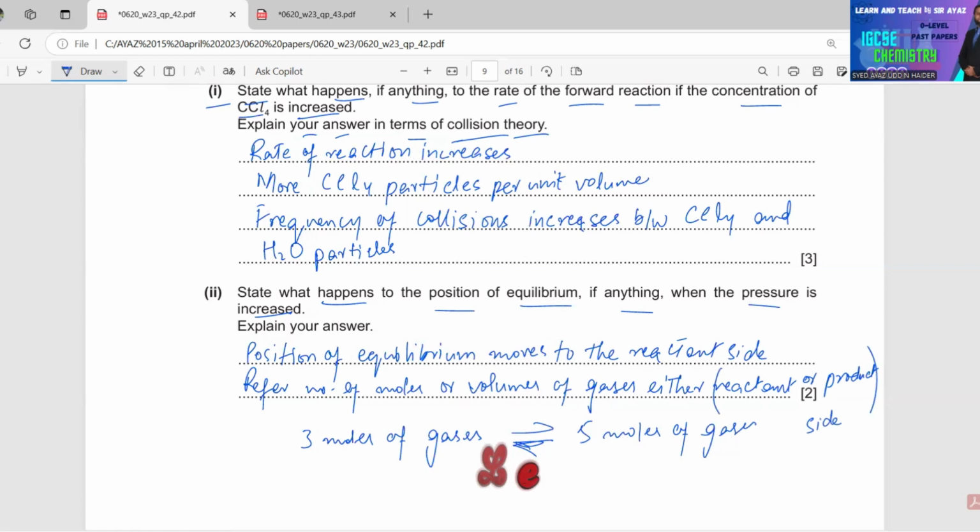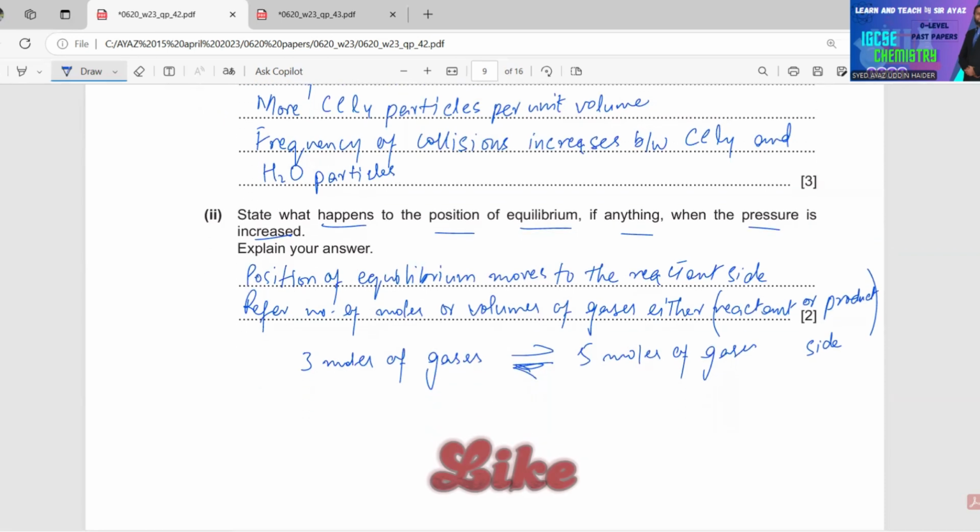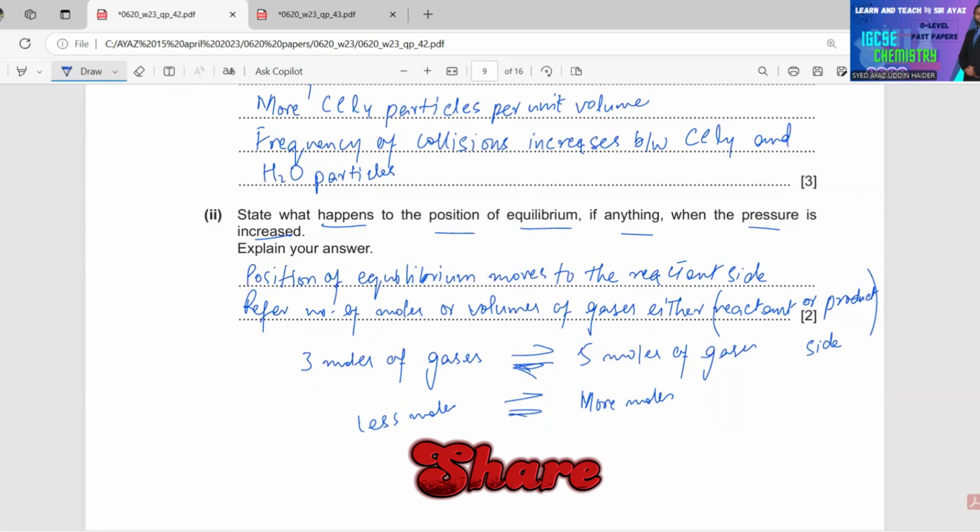So if you write for the reactant side, you have fewer moles, and for the product side you will write more moles. Here you have fewer moles. Reactant side, product side.